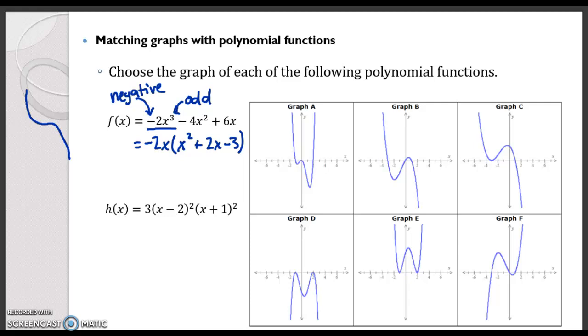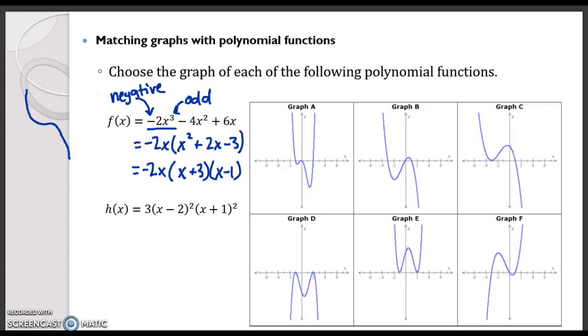X squared times negative 2x is negative 2x cubed. 2x times negative 2x is negative 4x squared. And then negative 3 times negative 2x is a positive 6x. Okay? And then now this factors to negative 2x times x plus 3 times x minus 1.